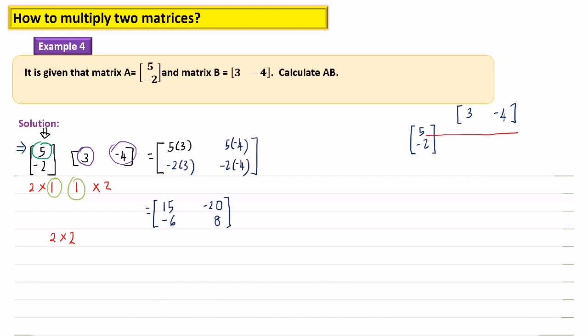Okay, so you have 2 rows and 2 columns, and you will obtain 4 numbers here. So the first number is 5 times 3. After that, first row, second column, so 5 times negative 4. Second row, first column, negative 2 times 3.